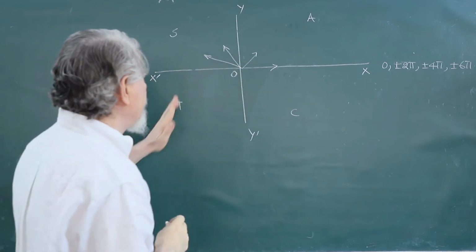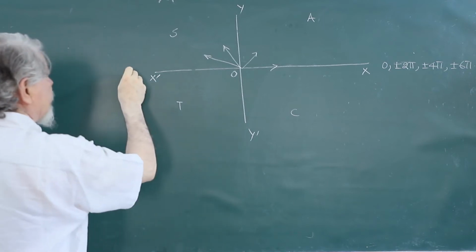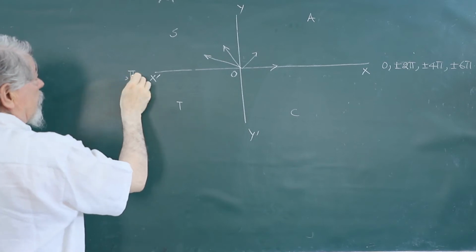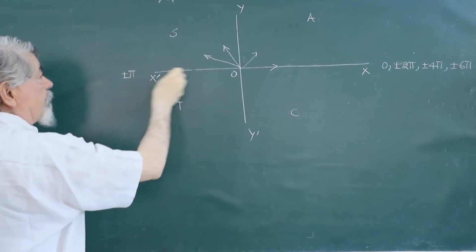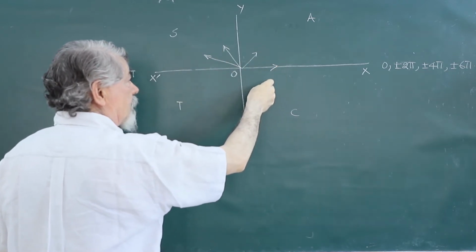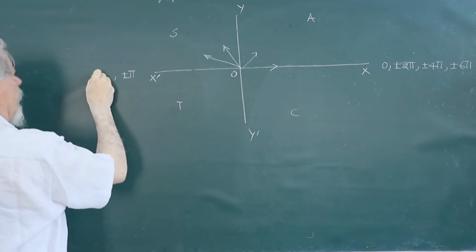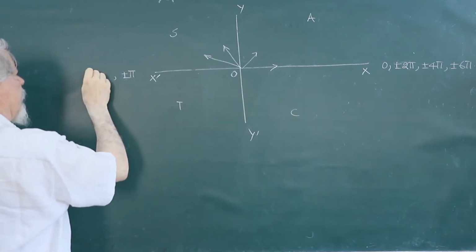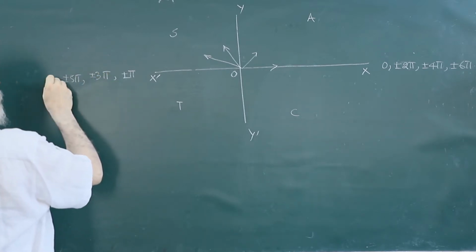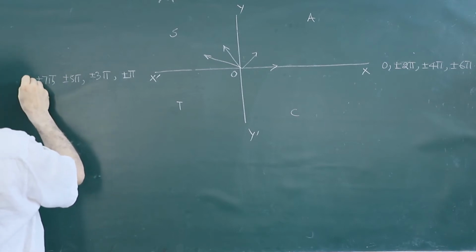When it moves and comes here, what values do we get? We get plus minus pi. If you come anti-clockwise you get plus pi, if you come clockwise you will get negative pi. So plus minus 3 pi, plus minus 5 pi, plus minus 7 pi, and so on.